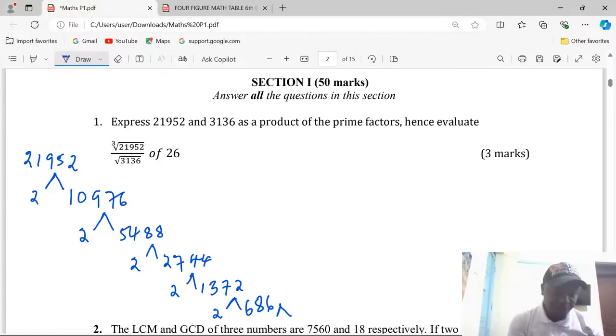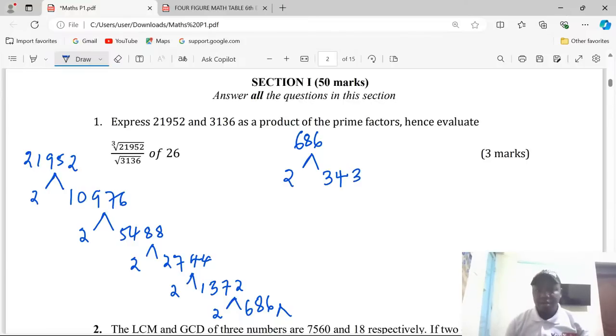This gives us 343. At this point, we can check that it's not divisible by 2, because it does not end with an even number.